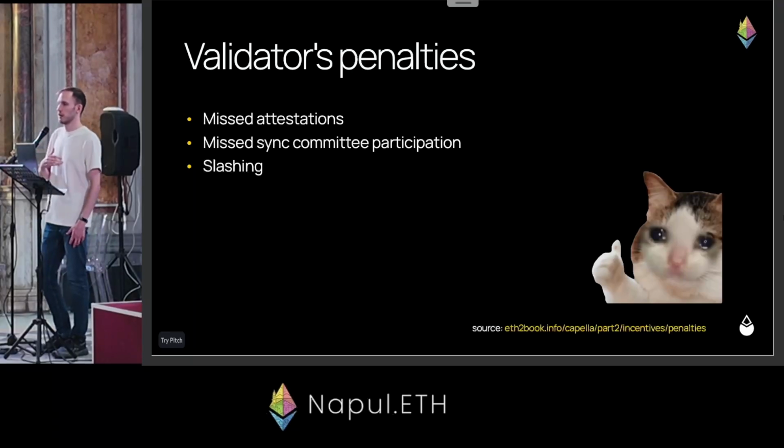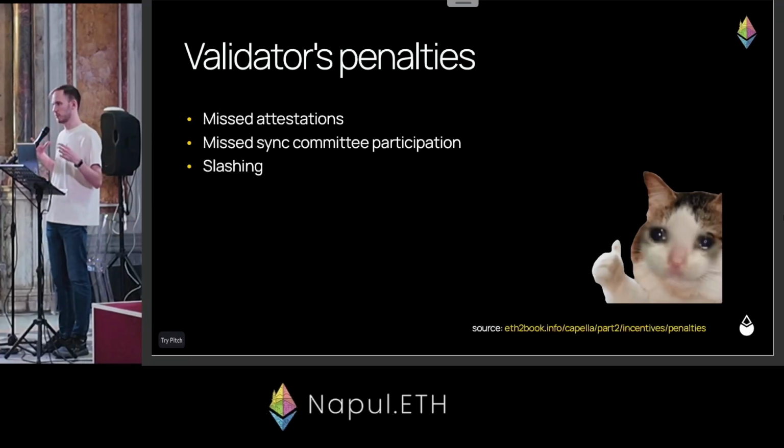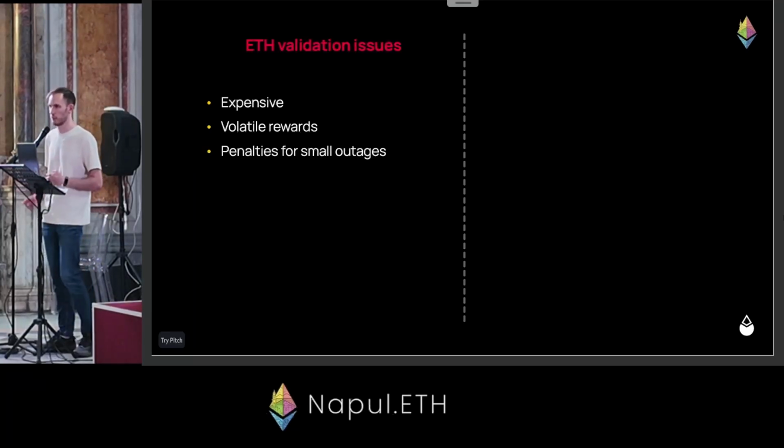For example, if your setup has problems with the network connection for some time and has no ability to propagate the attestation, or you just have a small power outage and your validator goes offline because of that, or the network itself has had no ability to include your attestation because of a lot of missed slots, you will get penalties as well. So this is another issue of Ethereum validation, that you have penalties even for small outages.